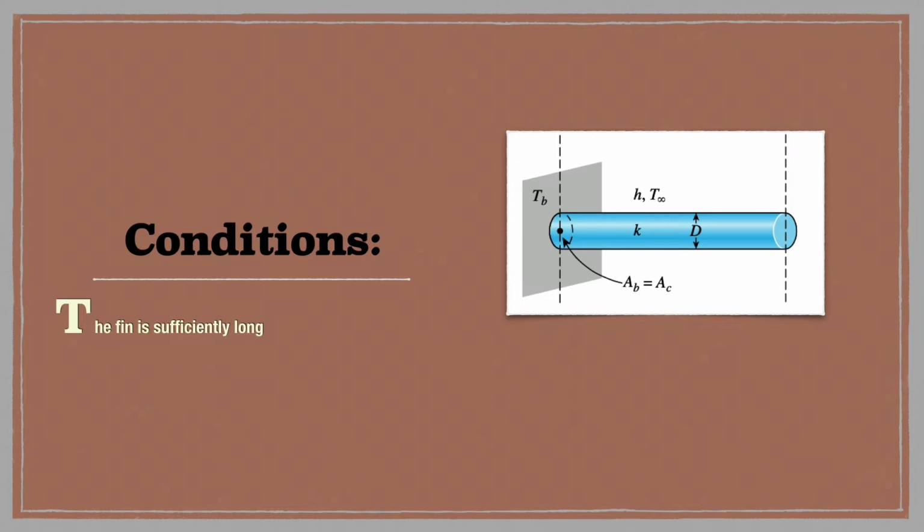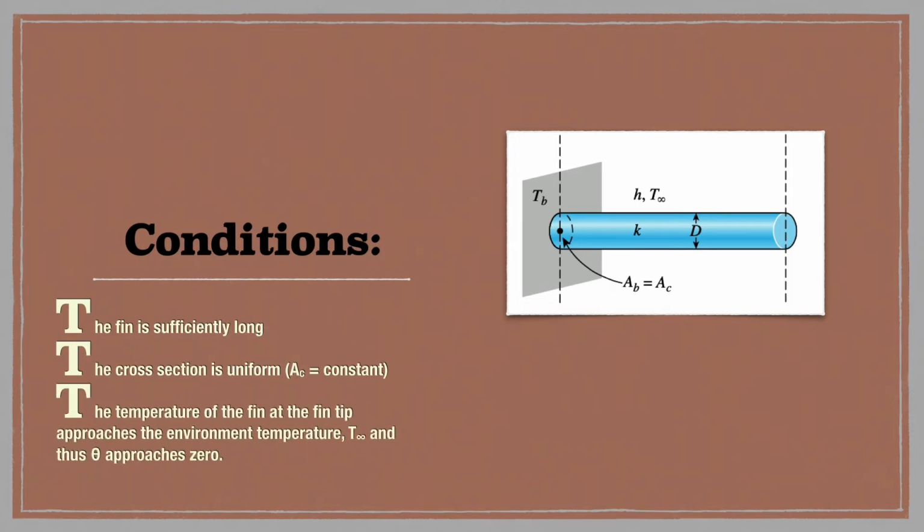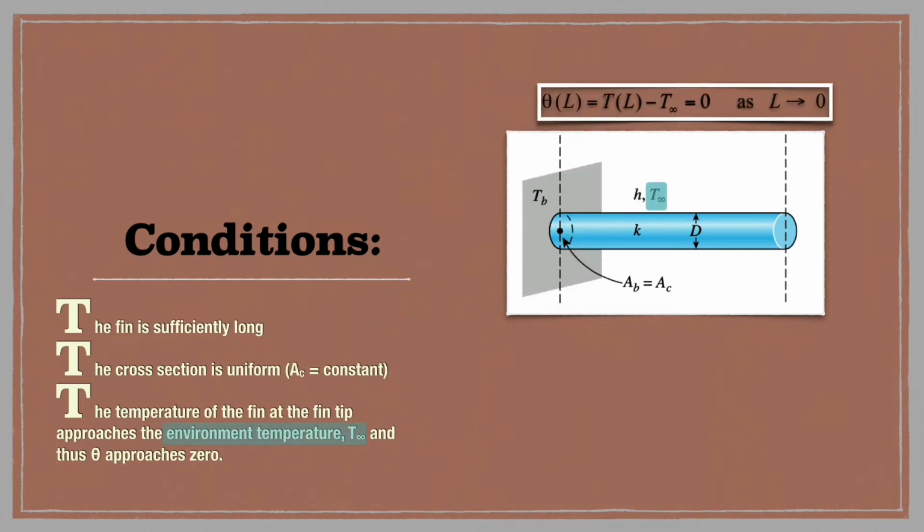For a sufficiently long fin of uniform cross-section, the temperature of the fin at the fin tip approaches the environment temperature T infinity, and thus theta approaches 0. This condition is satisfied by the function e to the power of negative mx, but not by the other prospective solution function e to the power of mx, since it tends to infinity as x gets larger.